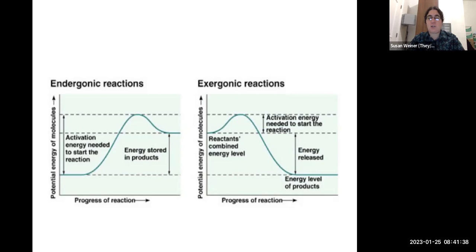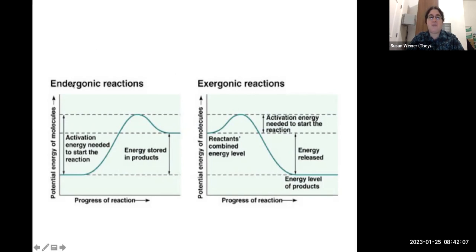If it's exergonic, energy is exiting the reactants. And this is important because if it's an endergonic reaction, energy has to come from somewhere. And we'll look at how that happens, but the energy needs to come from somewhere to go into that product. If it's exergonic, energy is released, and potentially we can harvest that energy and use it.